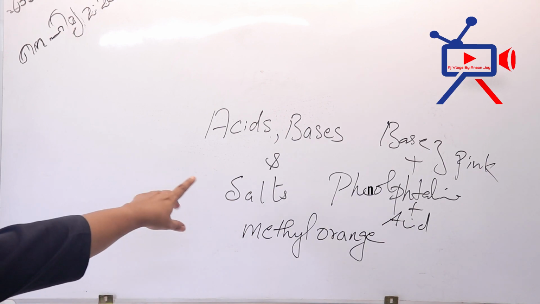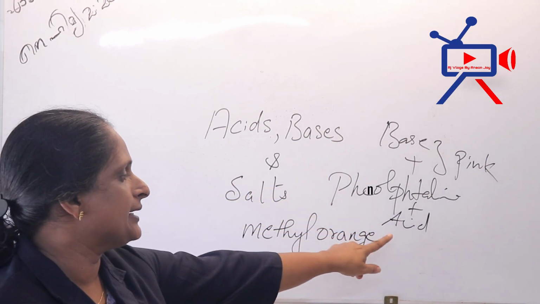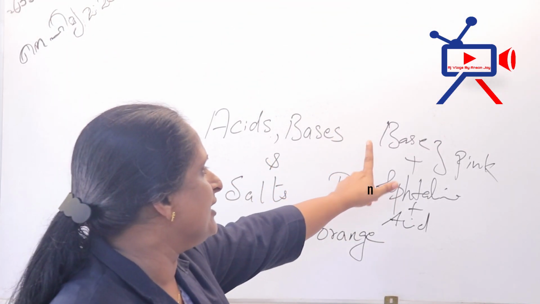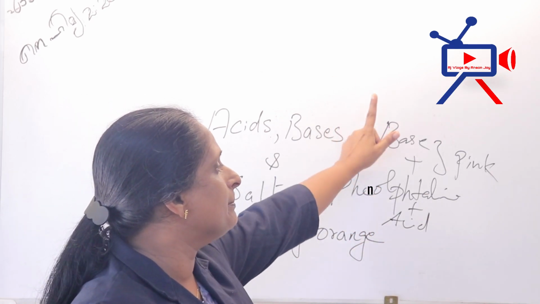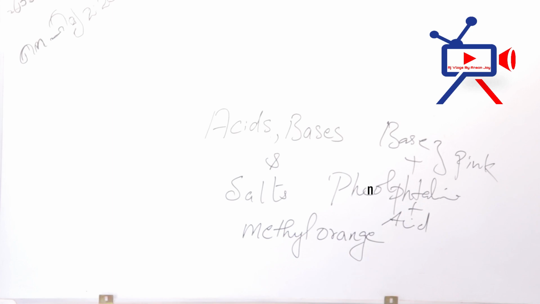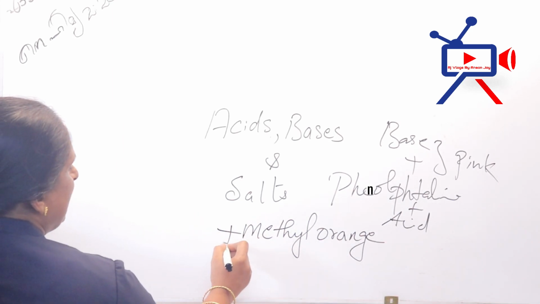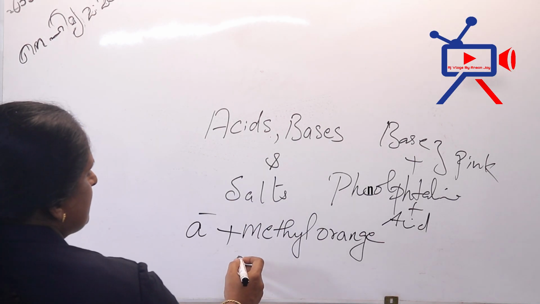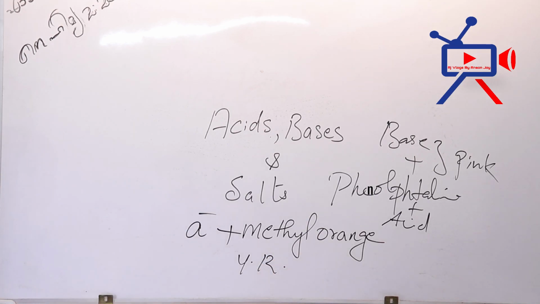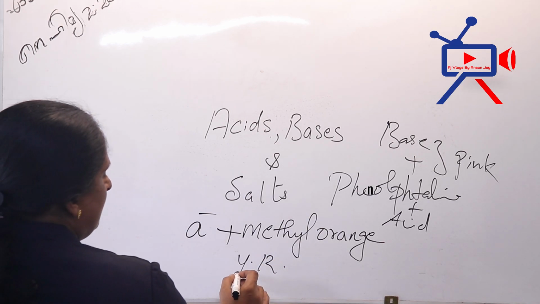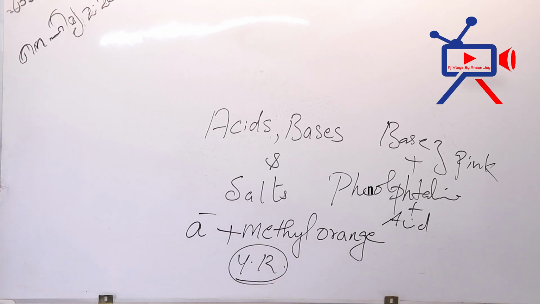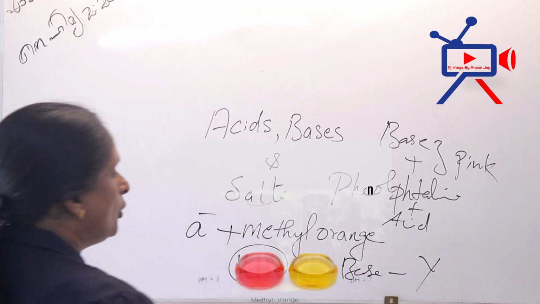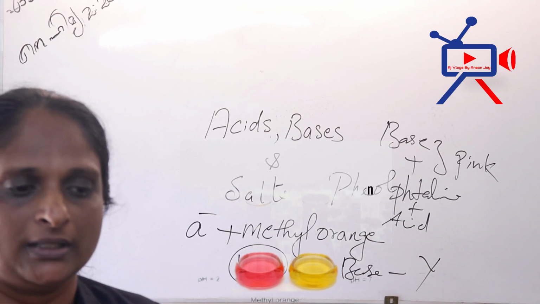Like that, when methyl orange is added to an acid solution, it gives a yellowish red or orange red color. But if it is added to a base, it gives yellow color.